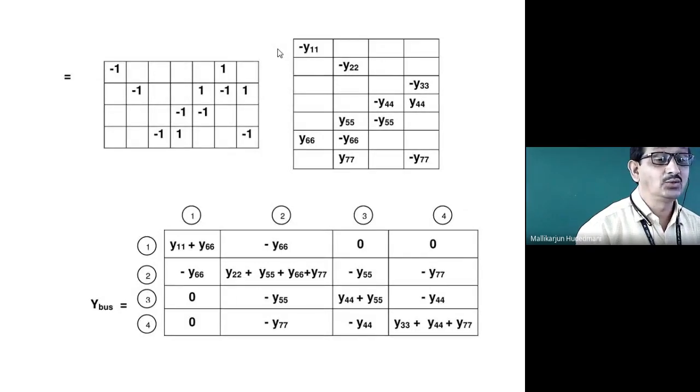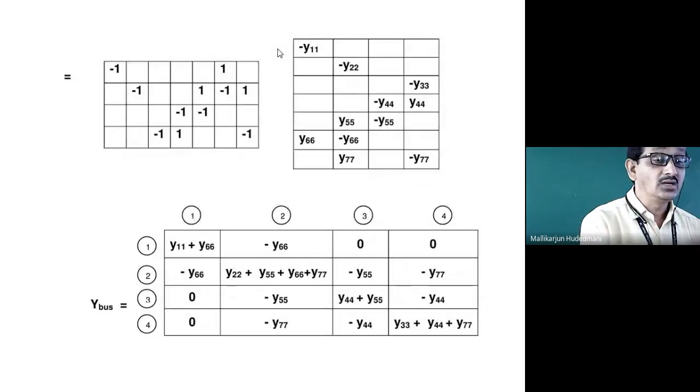In row number 2, how many are countable? 1, minus 1, 1, minus 1. Not to take any minus or plus, just count the numbers. 4 physical count. At Y22, you have 4 elements. At Y11, in the row, how many non-zeros are there? Minus 1, 1. 2 are there. So, the A matrix or A transpose would give you how many elements will come in each diagonal, which can be seen this way.